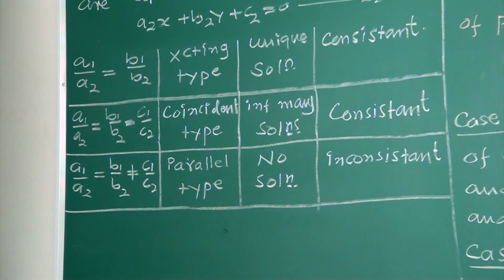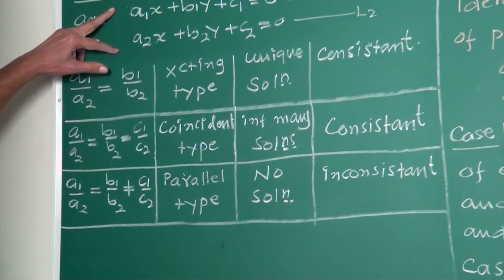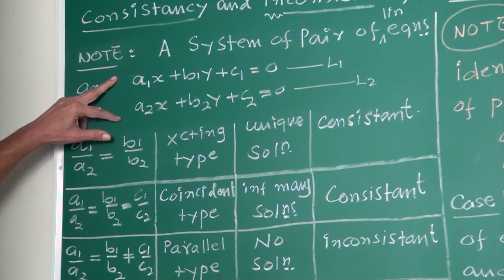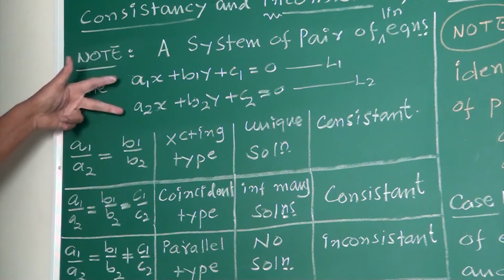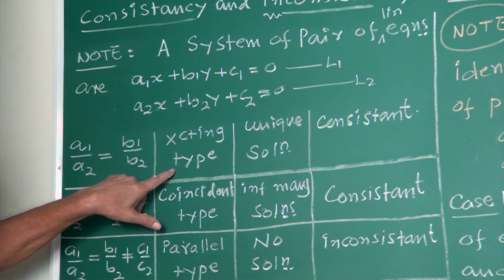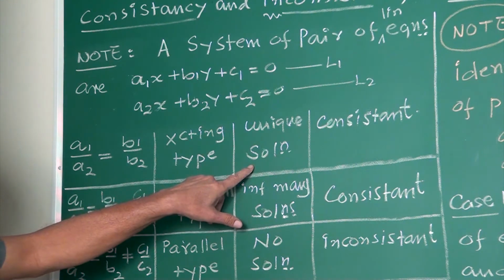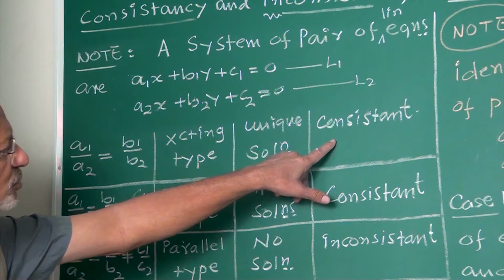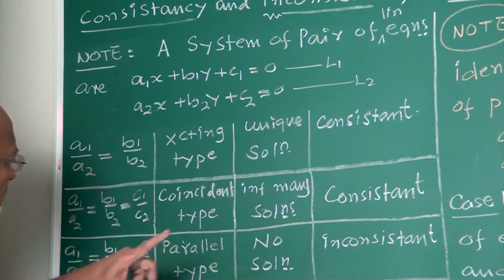Yes, my friends, I have written everything in tabular form in brief. This is the pair of linear equations, in which the first case is a1 upon a2 not equal to b1 upon b2. It is an intersecting type. Intersecting means the solution is unique, and a solution exists means the system is consistent.